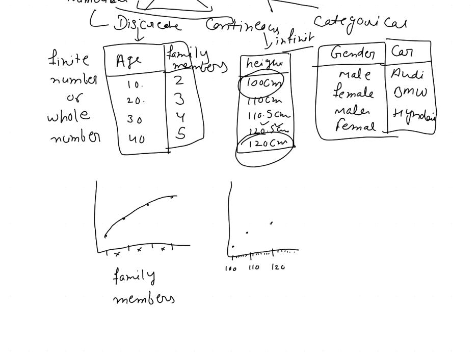It can be somewhere here. 100.3, and there is also 110.25, right? And there may be some points like this, right? So let's say here are some points, 120.2. So it is coming here, something like this. So you are trying to draw this one, right? So when you draw this main point, there are also some data in between.